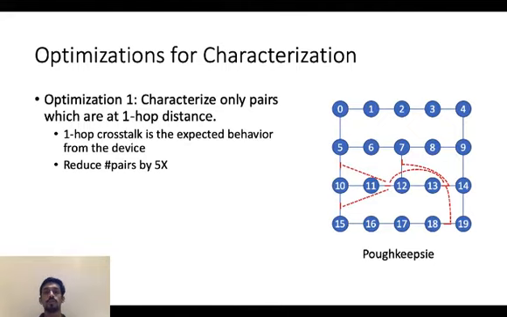So our first optimization is quite simple. Since high crosstalk occurs only at small distances, we only characterize gates that are separated by 1 hop distance on this chip. So this allows us to reduce the number of experiments by about 5x. And we also confirmed with the device engineers that this is the expected crosstalk behavior from the system.